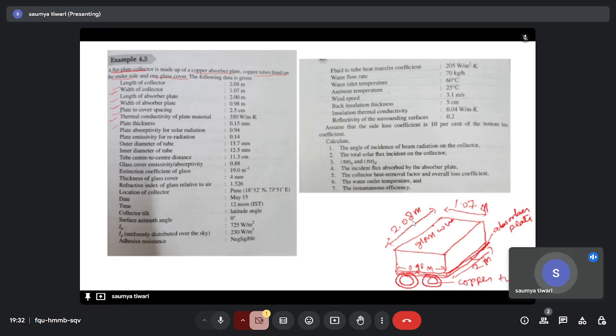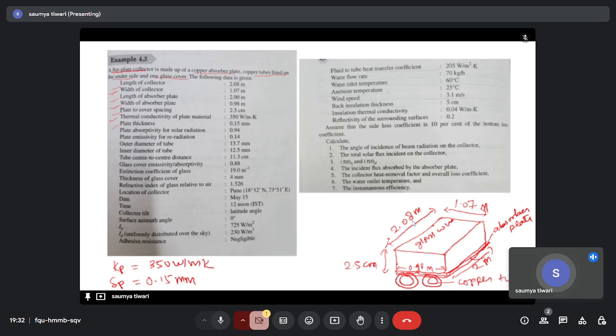The plate to cover spacing is given as 2.5 centimeter. So it's in centimeter, right? The thermal conductivity of the plate is given, which is 350 watt per meter Kelvin. Plate thickness is given, which is 0.15 mm.